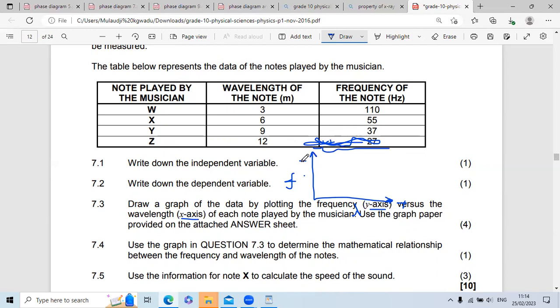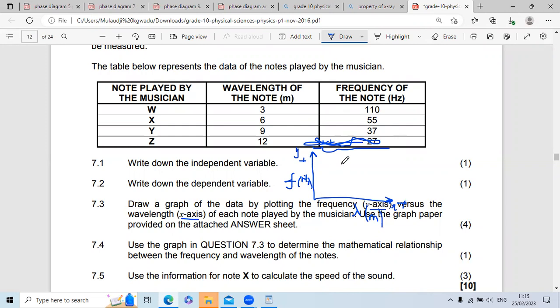After that, you draw your axes, showing y positive going up and x positive going to the right, and you label them. I'm just going to use f for frequency. You say frequency and put the units in brackets, hertz, and here you say wavelength, and in brackets, meters.